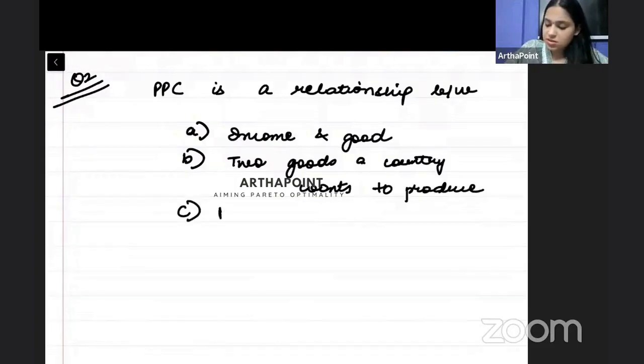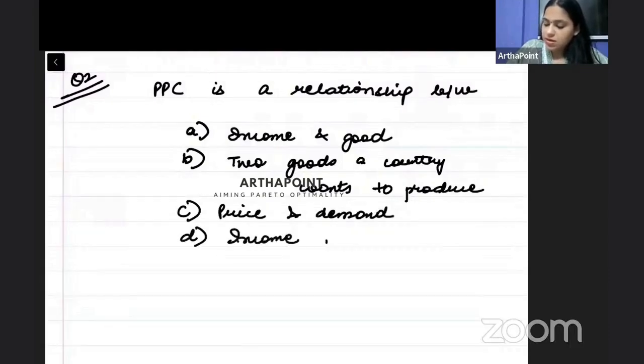Option number C, price and demand. Option number D, income and demand. So PPC is relationship between what? This is what you need to go ahead and answer.